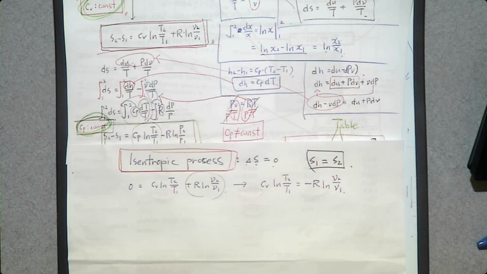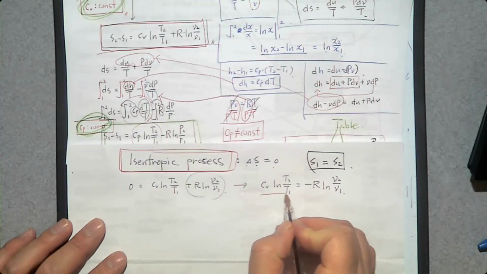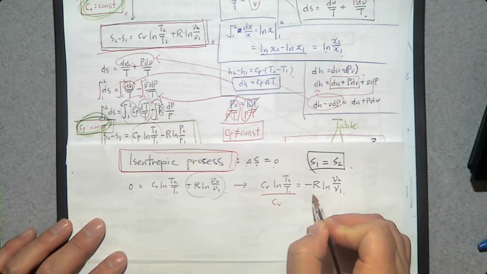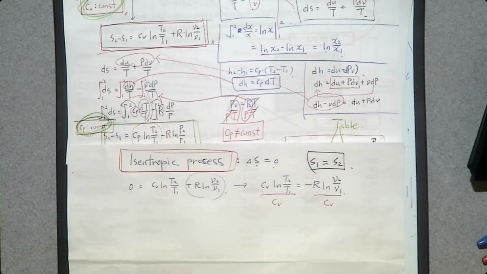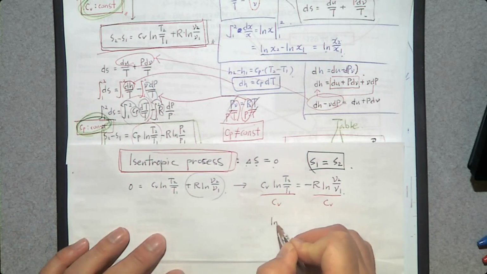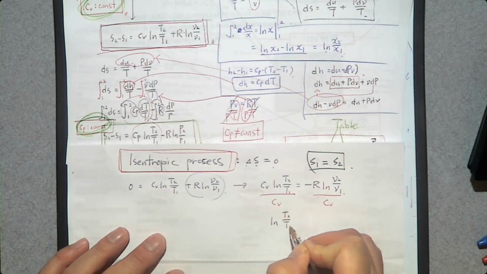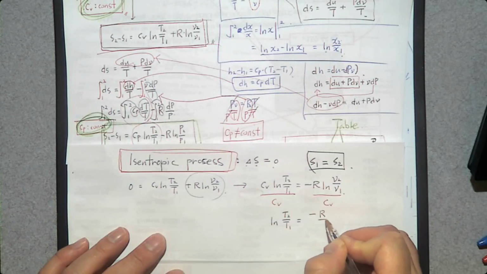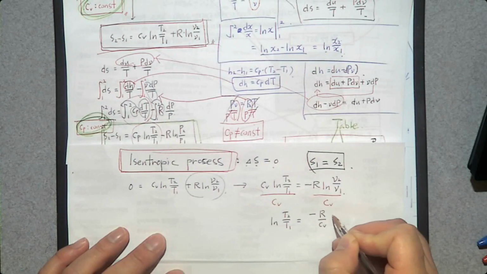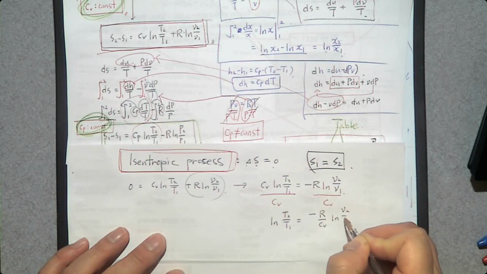So why don't we divide each term by Cv, trying to make it less complicated. Then the left-hand side is just natural log T2 over T1, and the right-hand side is going to be minus R over Cv natural log V2 over V1.